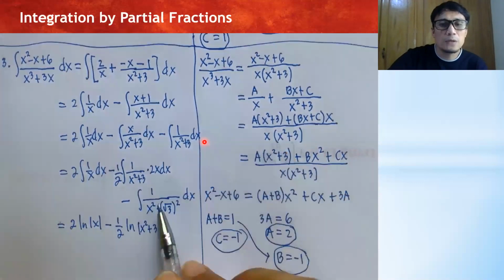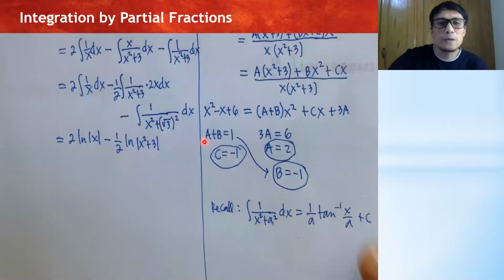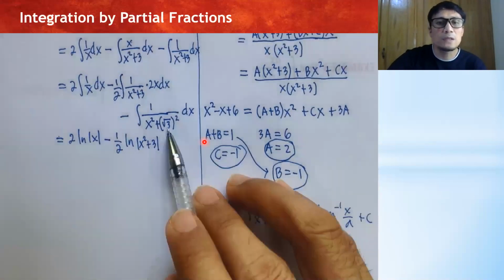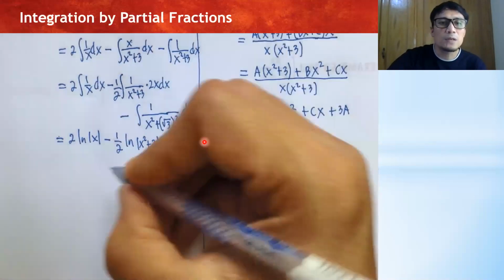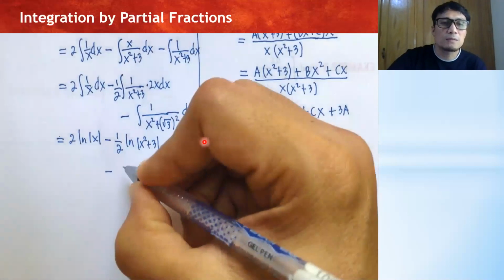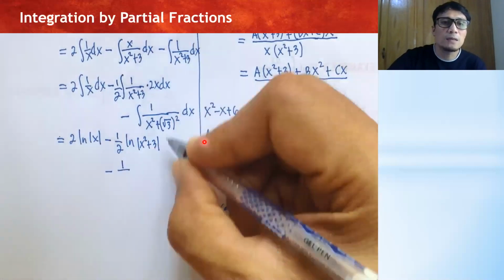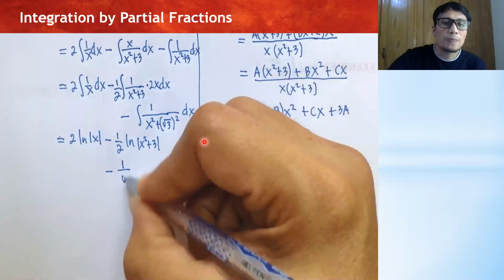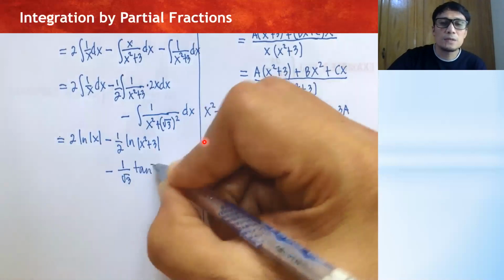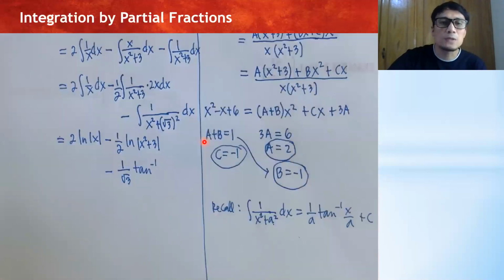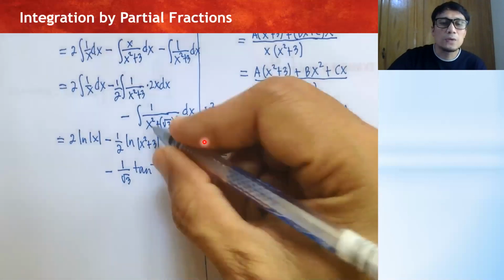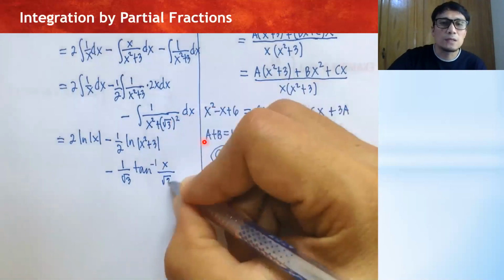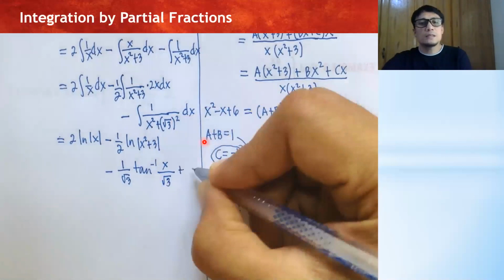Then minus, so notice the formula there. Your a is the square root of 3. So you have minus 1 over square root of 3, right? From the formula. Okay. Times tangent inverse of x over a. So x, okay, over square root of 3. Then plus C. Okay.